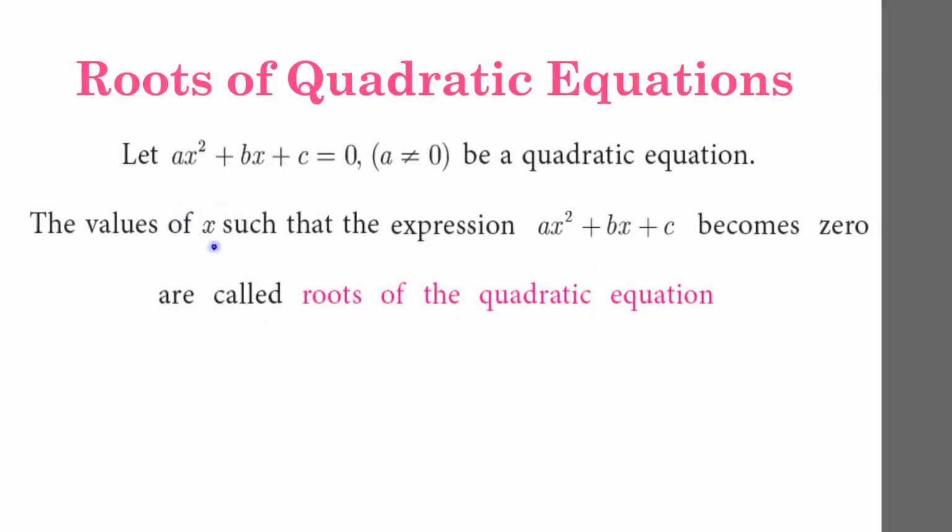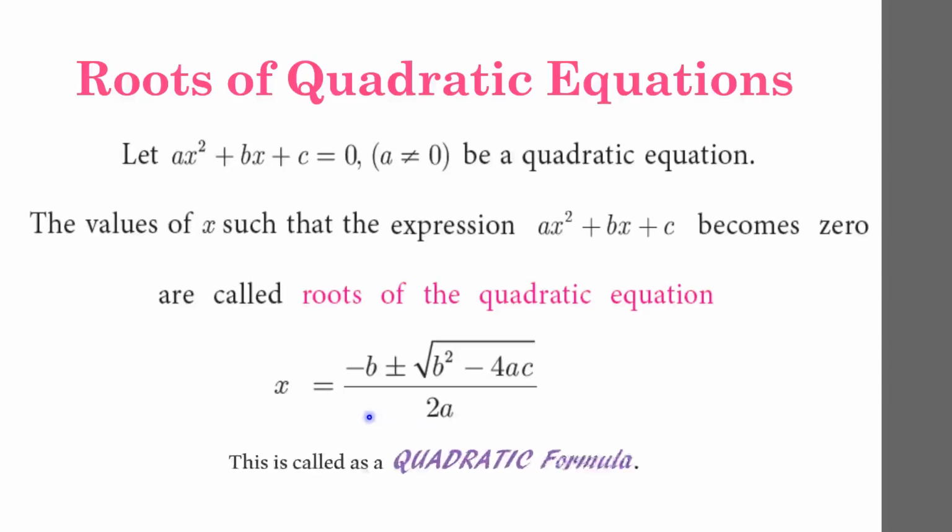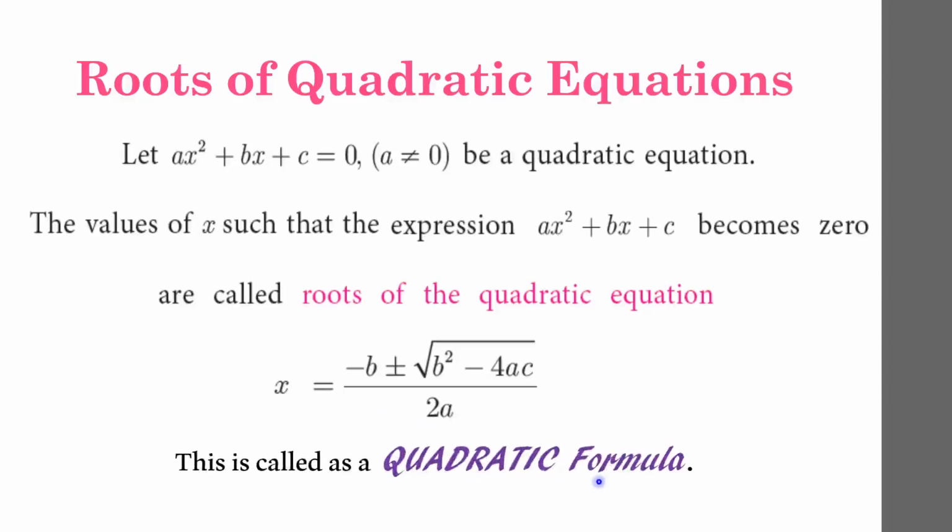That is, the x values are called the roots of the quadratic equation. To find x, we have one formula, that is x equal to (−b ± √(b² − 4ac)) / 2a. This formula is called the quadratic formula. By using this, we can find the x values.